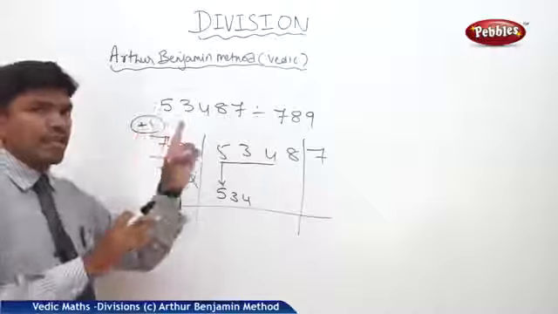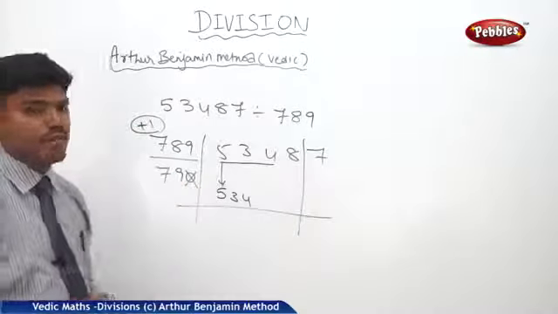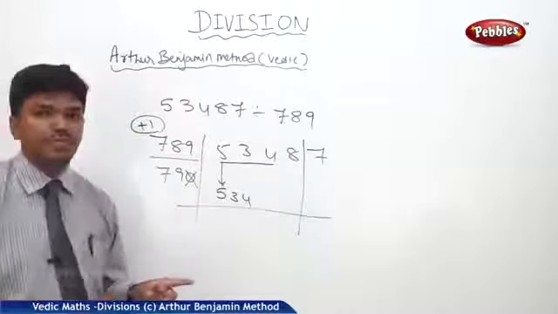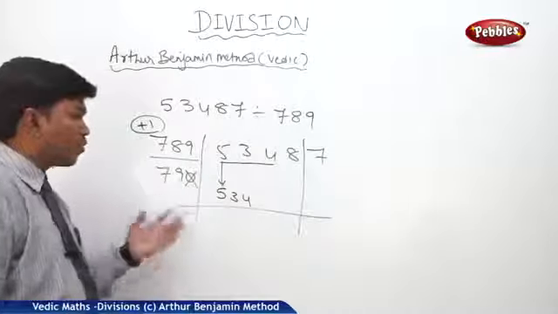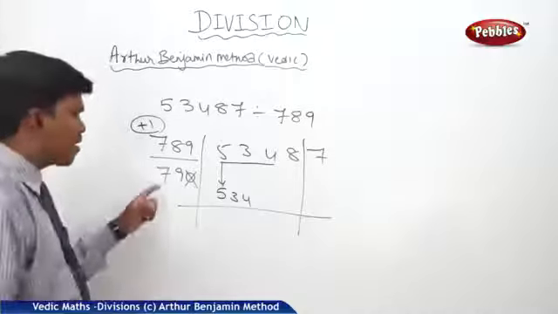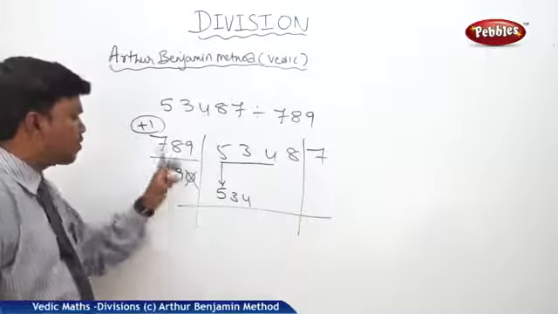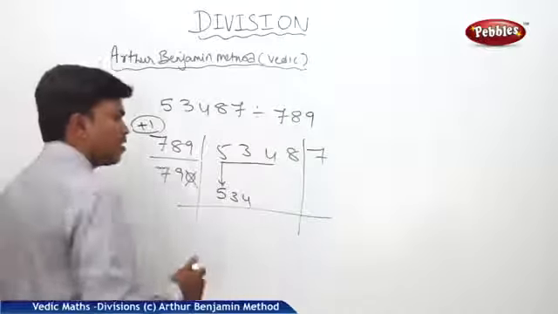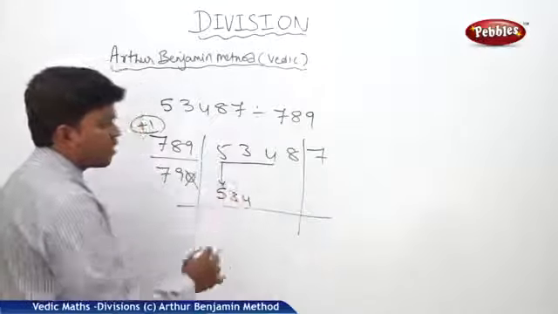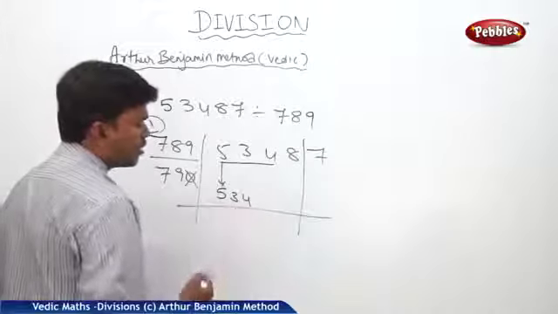79 7 times, 490 plus 63. 490 plus 63, how much? It is going even beyond 553. So I will go for 79 6 times this time. 79 6 times, 420 plus 54, 474. So 534 minus 474. What is the remainder?